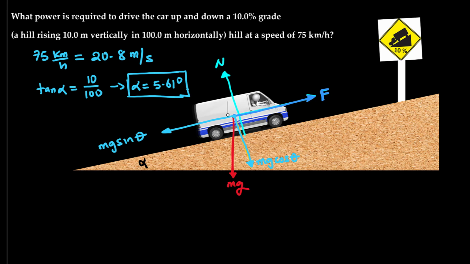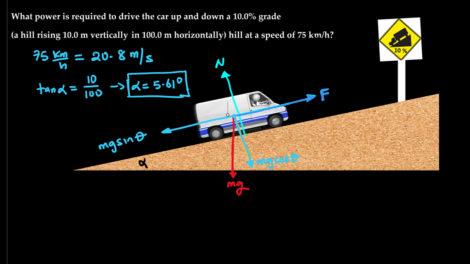Now, remember that the car provides about 10 horsepower to maintain the car on a horizontal road at a speed of 75 kilometers per hour. Now, for the car to maintain the same speed up a hill or up an inclined plane, it has to provide extra power to counteract the negative work done by gravity.